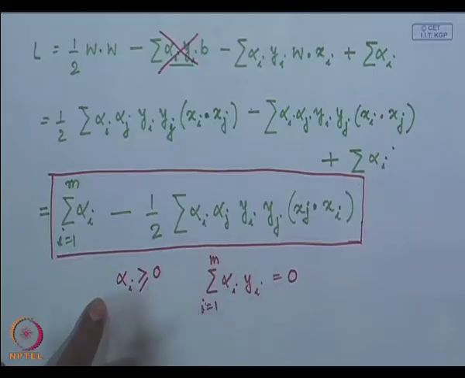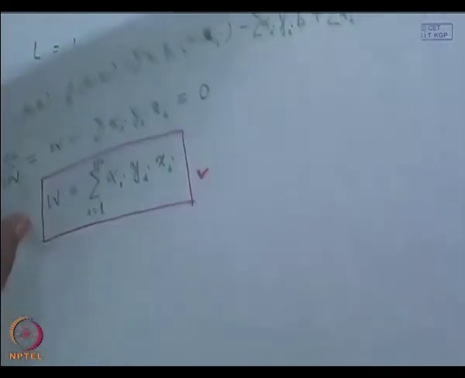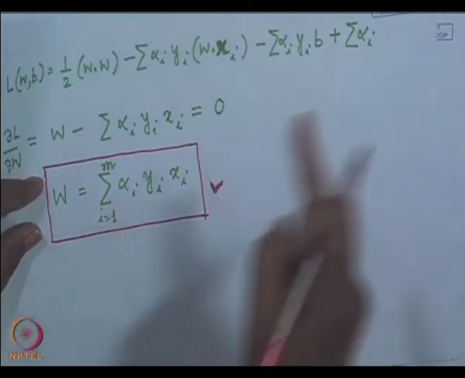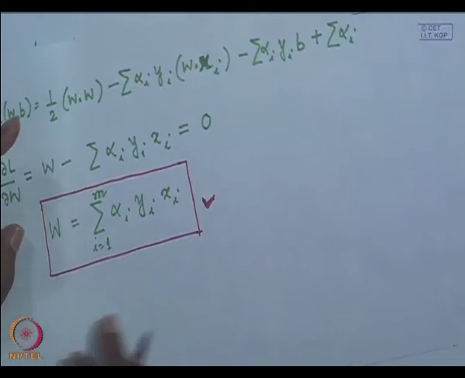So, what I have to do is use these alpha i's, and the value of w that I compute, which is given by this, goes into my decision making process.